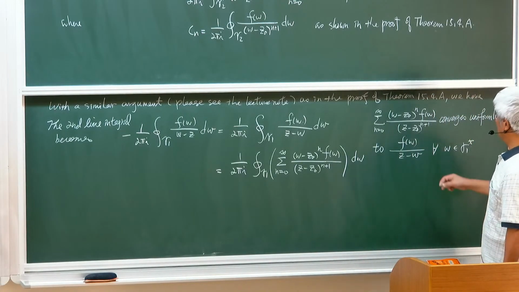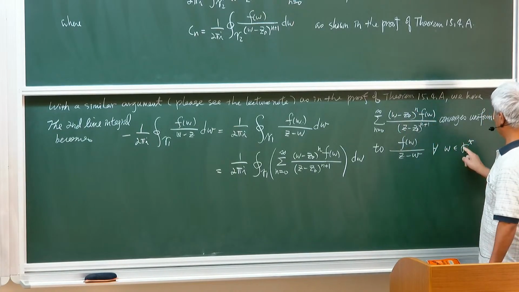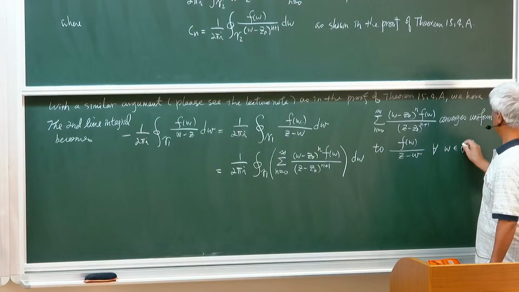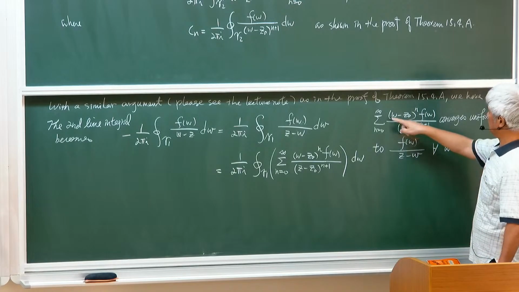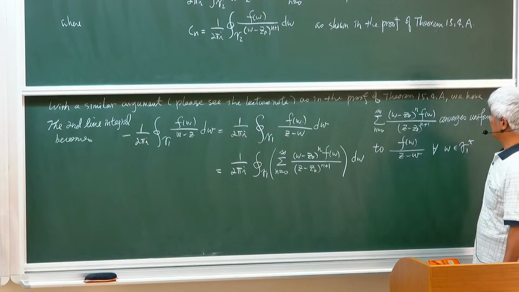So if we consider w in gamma 1 star, then this is a series of functions of w which converges uniformly to this function.